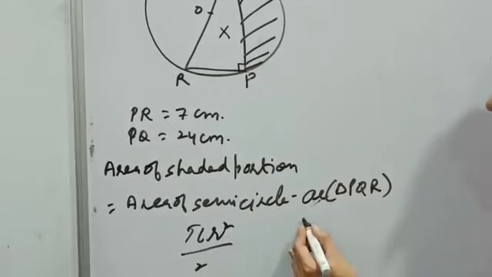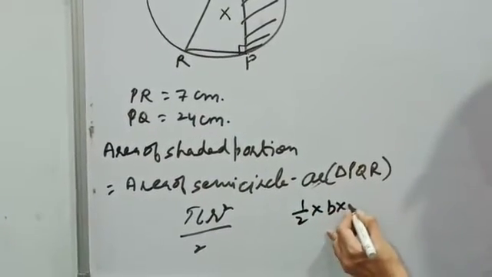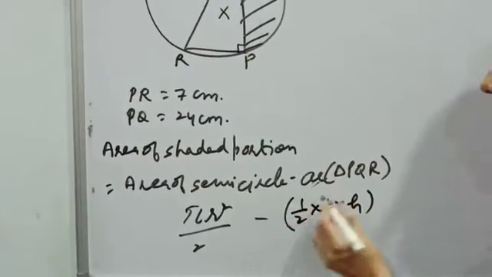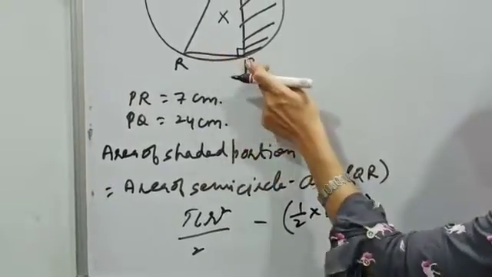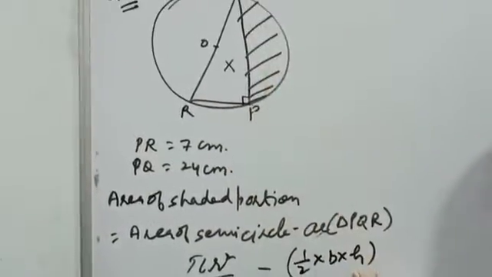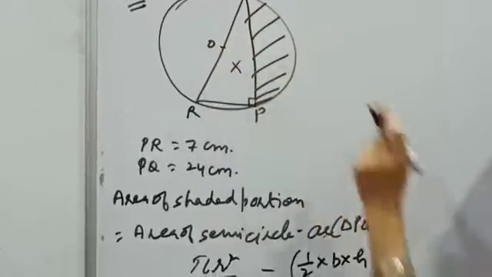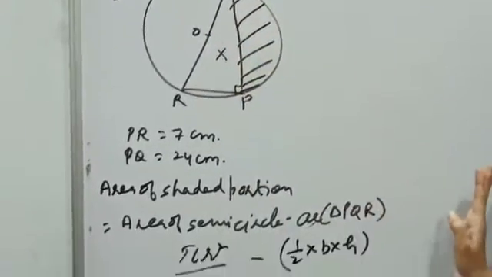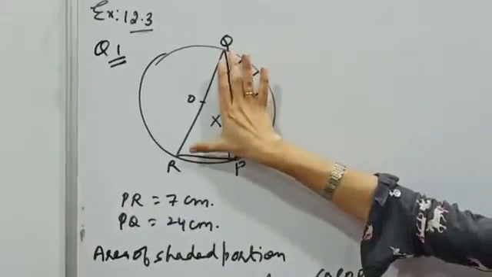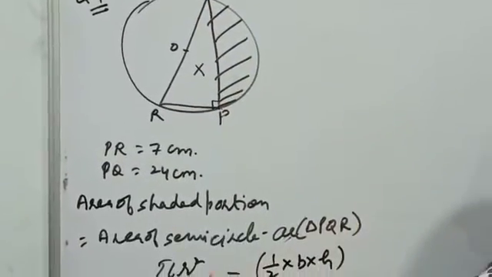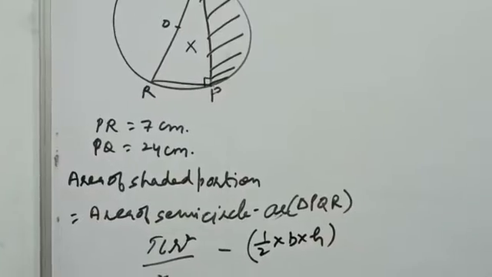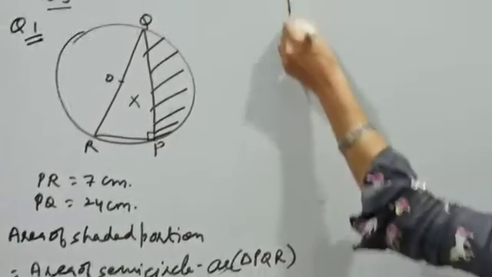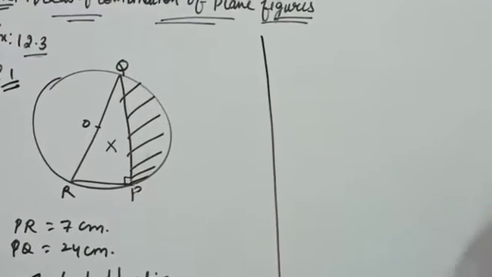Then we can use the formula 1/2 into base into height, where the base is 7 centimeters and PQ is the height. Since it is a right angle triangle, we can also use the Pythagoras theorem to easily find QR, which is the diameter, and from the diameter we can find the radius. Let us use it to find the area of the semicircle.